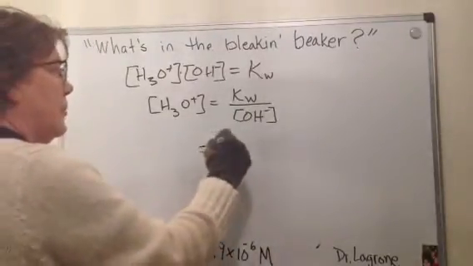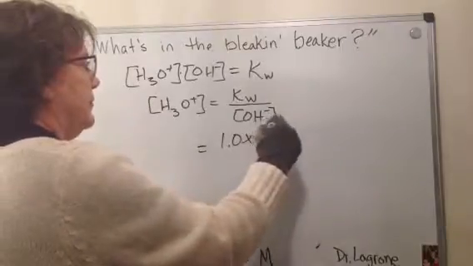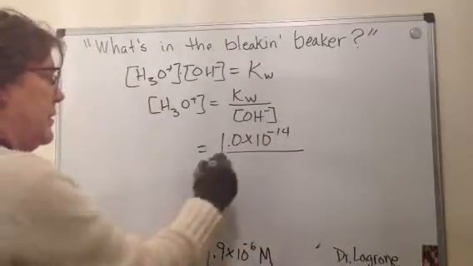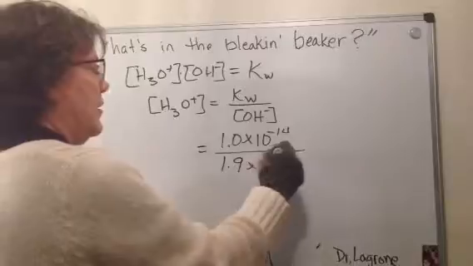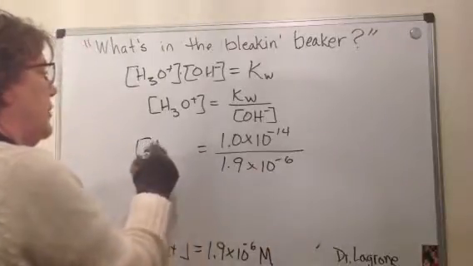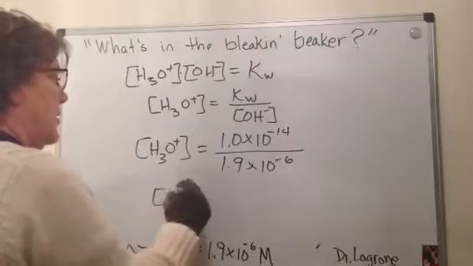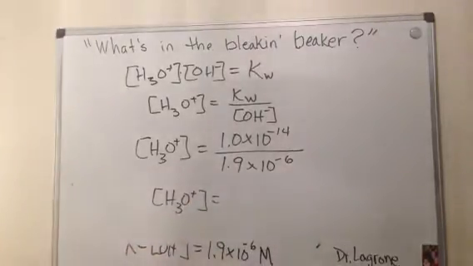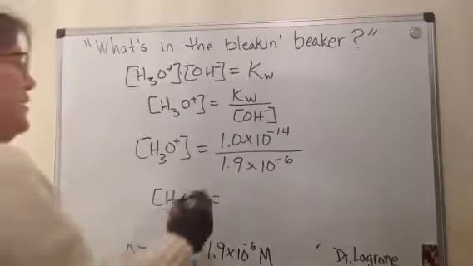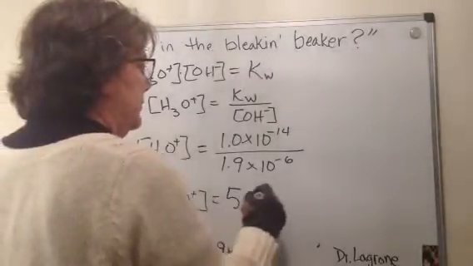So when I plug my numbers in for that, I'll end up with a hydronium ion concentration of 5.3 times 10 to the minus 9.